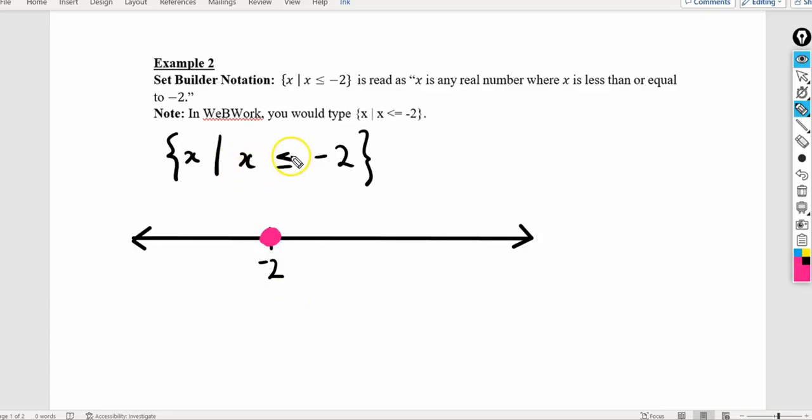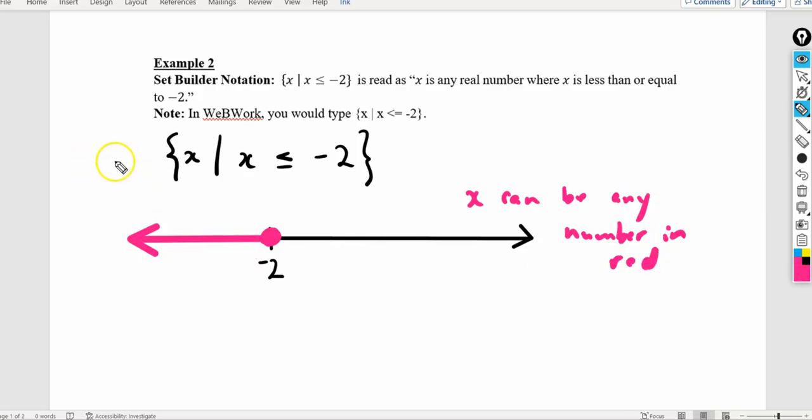And X is less than, to the left of -2, or equal to -2. And so now I'm going to want everything to the left of -2. And so what's in red, X can be any number in red on this number line.